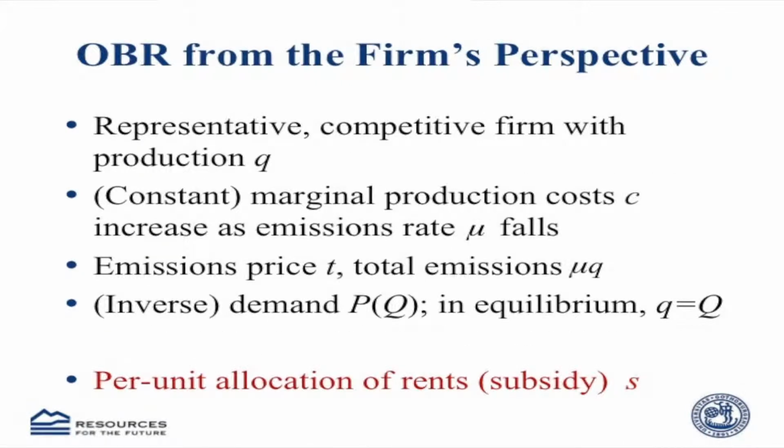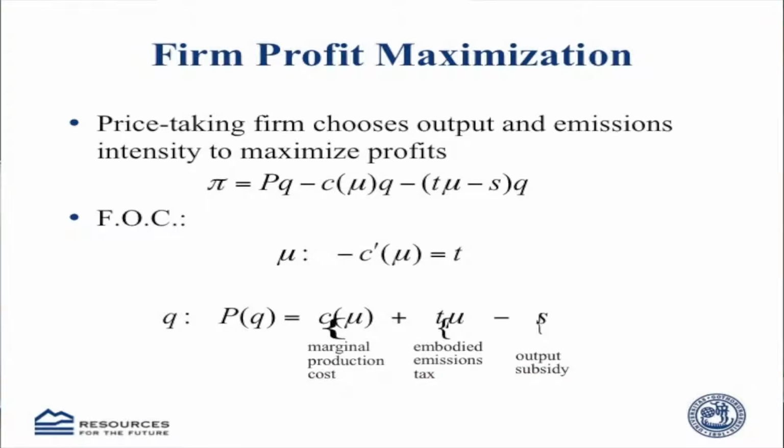Okay, from the firm's perspective, we have the same firm, but now instead of a lump sum allocation, we have a per unit allocation of rents, which is like a subsidy, so we'll call it S. And so now the profit function looks like this. We have profits being revenues minus production costs minus net tax payments.